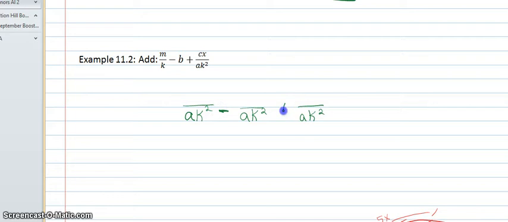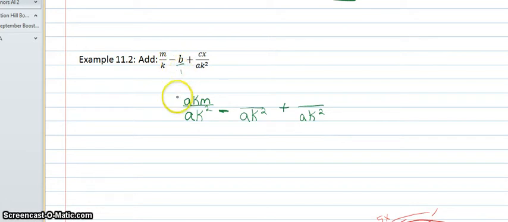Okay, and a plus. Okay, the m already had the k on bottom, but in order to make that ak squared, I'm going to have to multiply by an a and a k. So it's a, k, m when I multiply those together. Okay, the b actually has just an understood 1.